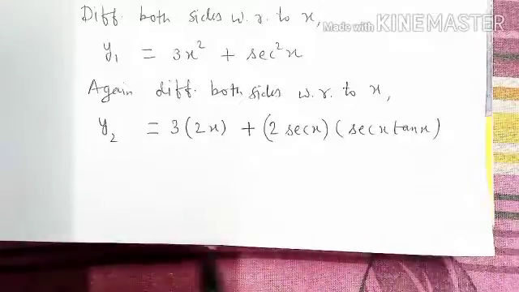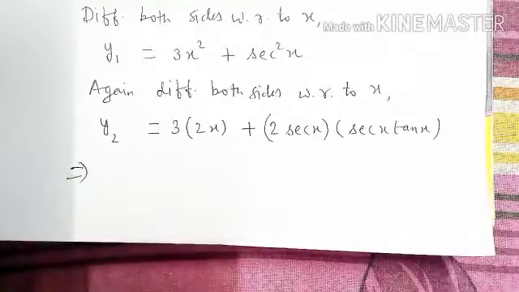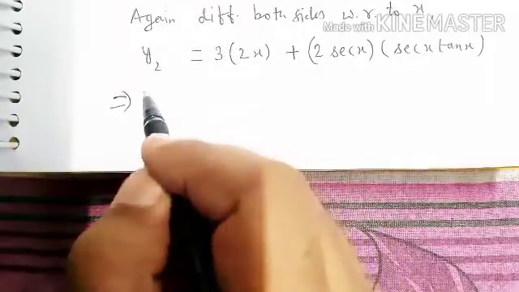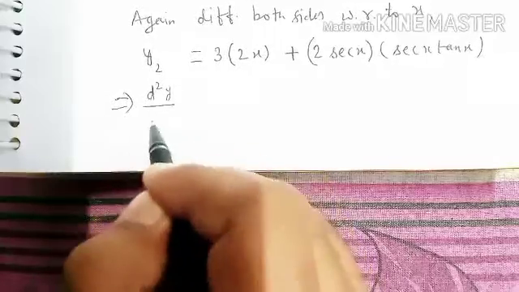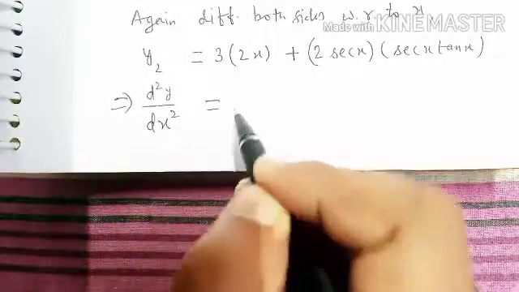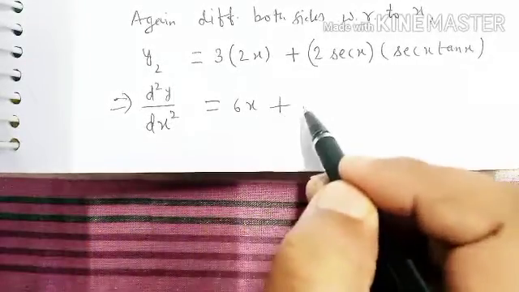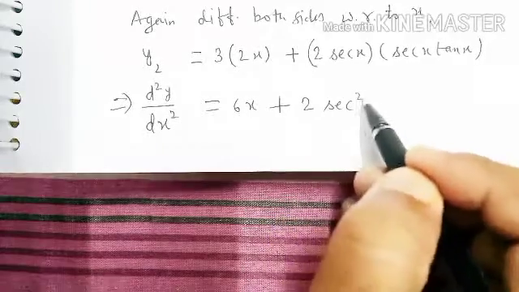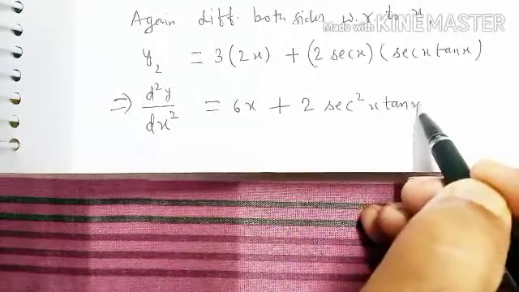So we have d2y by dx square is equal to 6x plus 2 sec square 10x tan 10x.